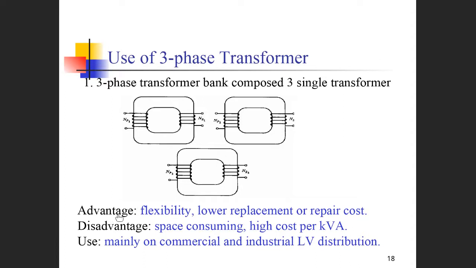First, the advantage: flexibility. This is easy to understand because we have three single-phase transformers. In terms of transportation, for example, we can transport the single-phase transformers one by one to the locations where they are to be installed, and then we can connect them.